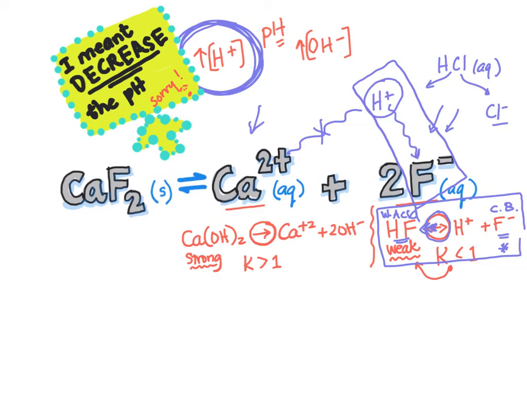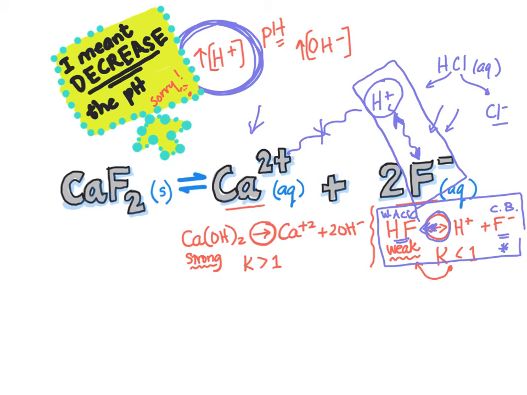We have the calcium fluoride dissolving into the calcium ions and the fluoride ions, but we now also could have this other equilibrium happen between the hydrogen ions and the fluoride ions. So that's an interesting thing. It's taking some of the fluoride ions and involving them in this other equilibrium that involves the hydrogen ion that we're adding.